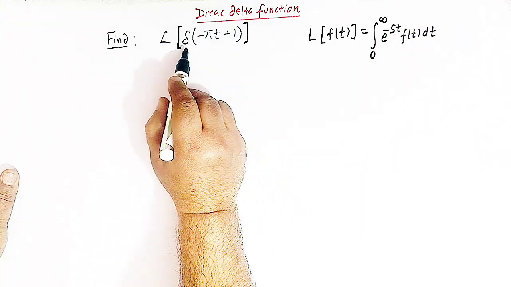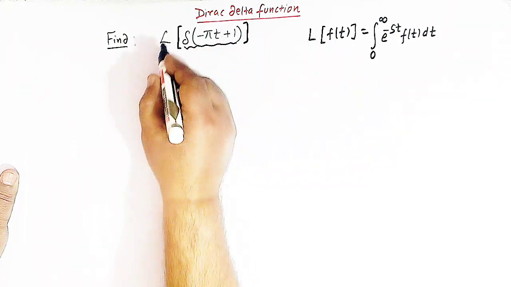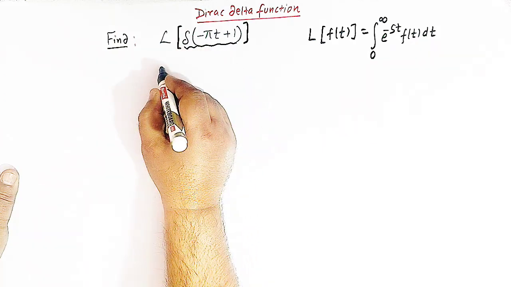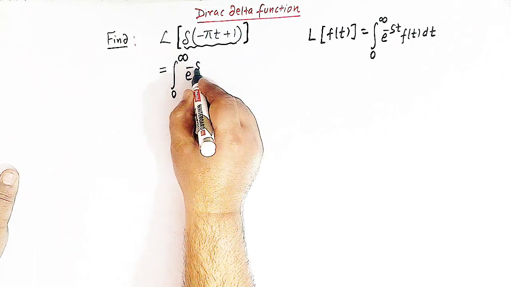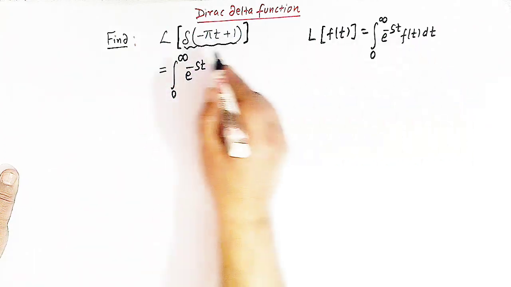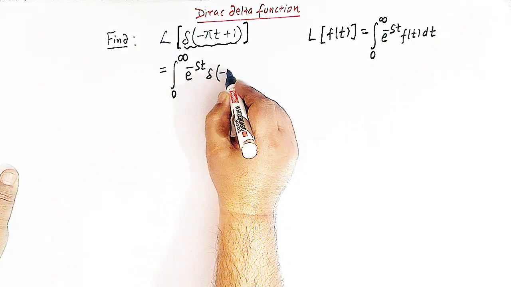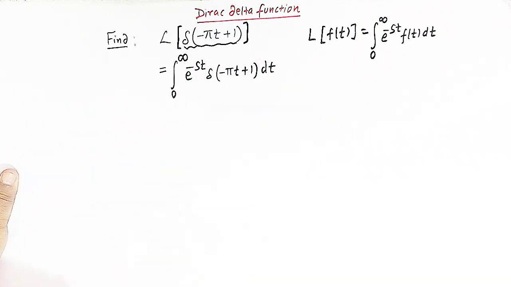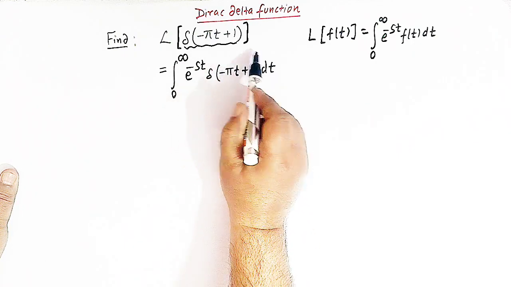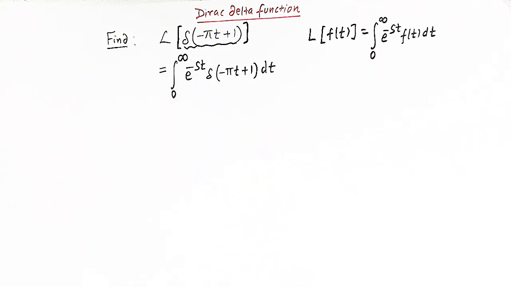So the Laplace transform of this delta function is given by the integral 0 to infinity e raised to minus st, and f of t may be replaced by this delta function, delta of minus pi t plus 1, dt. Now we have to find the value of this integral using the definition and property of Dirac delta function.